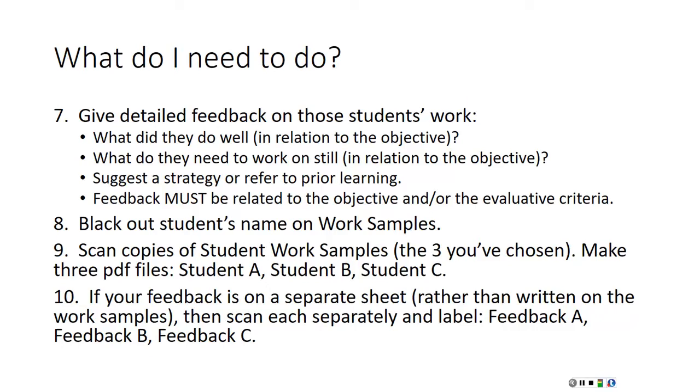You want to scan the copies of the students' work samples, the 3 that you've chosen. Each student has its own PDF file: student A, student B, student C, 3 separate PDF files, and make sure that I can read them.